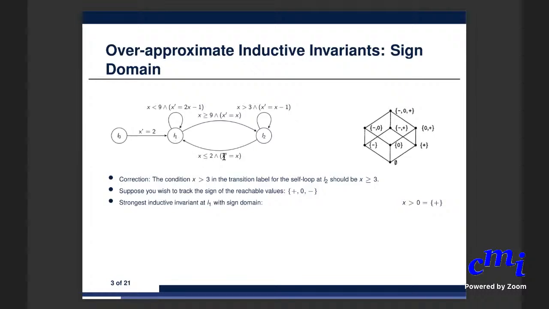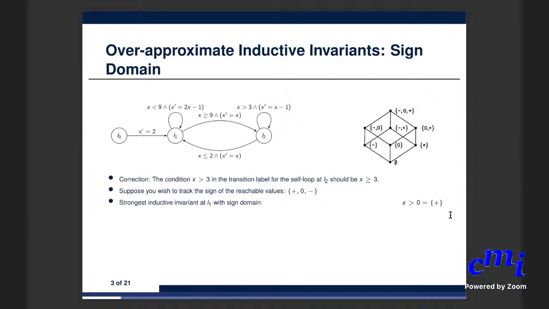You know that X is plus, which is equivalent to saying X is greater than 0. So X greater than 0 not only includes all the possible values, it also includes a lot more, correct?